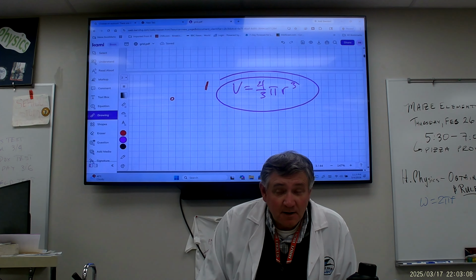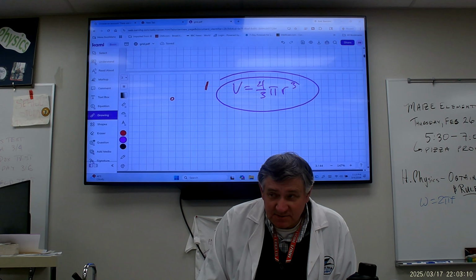But that needs to be in grams so you can do the mole conversion. What you ultimately need to do is figure out how many protons there are in each one.